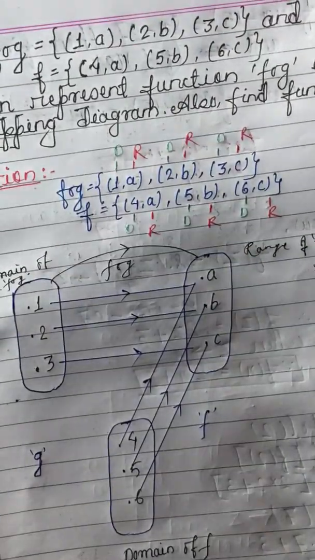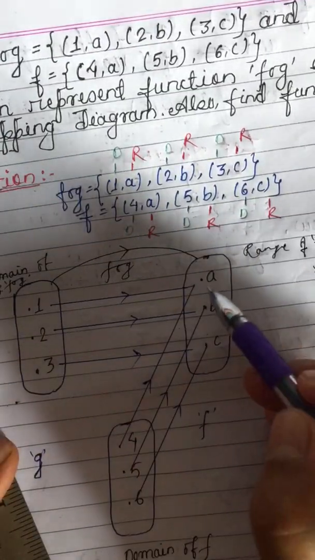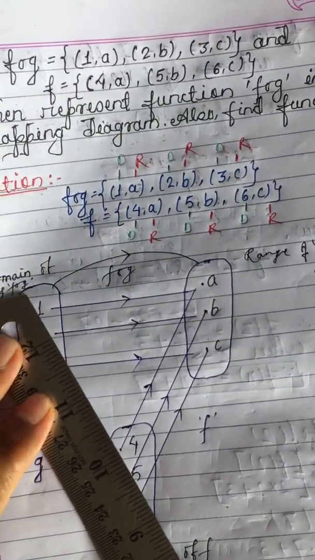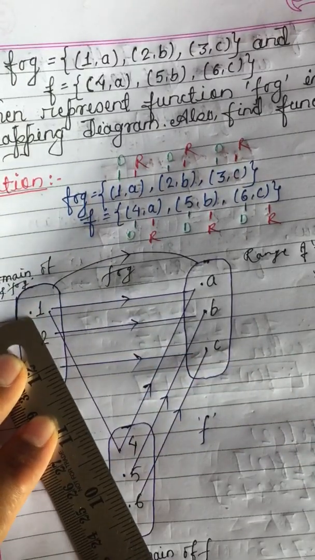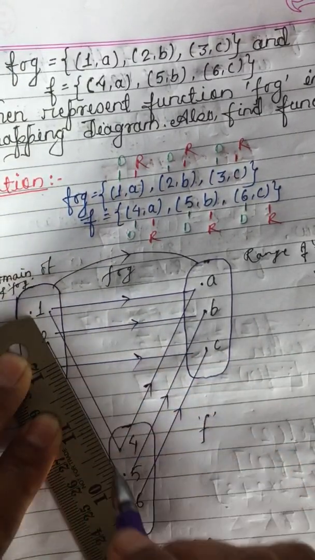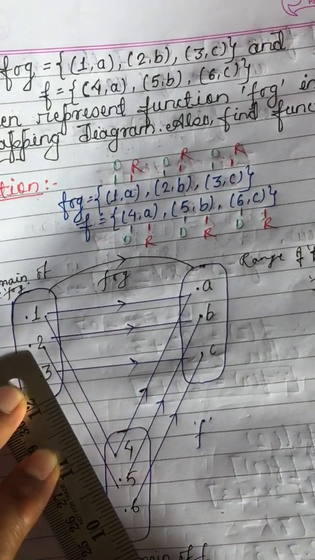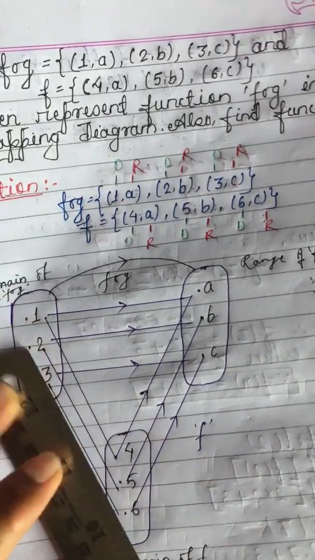Now अब के गर्ने, 1 बाट A मा छ, A बाट 4 कनेक्टेड छ भनेपछि it means 1 and 4 are also connected. Similarly 2 and 5 are also connected, similarly 3 and 6 are also connected.